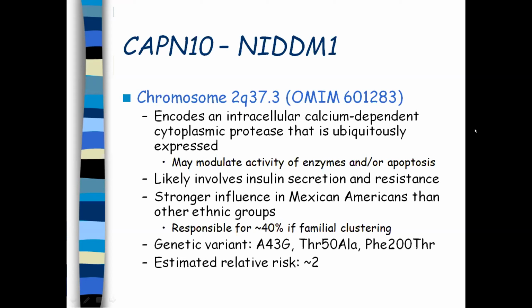So this protease, encoded on chromosome 2q37.3, will be expressed and may modulate the activity of enzyme or apoptosis, that is programmed cell death, and due to that there will be a chance of NIDDM, and it is likely to be involved in insulin secretion and resistance.